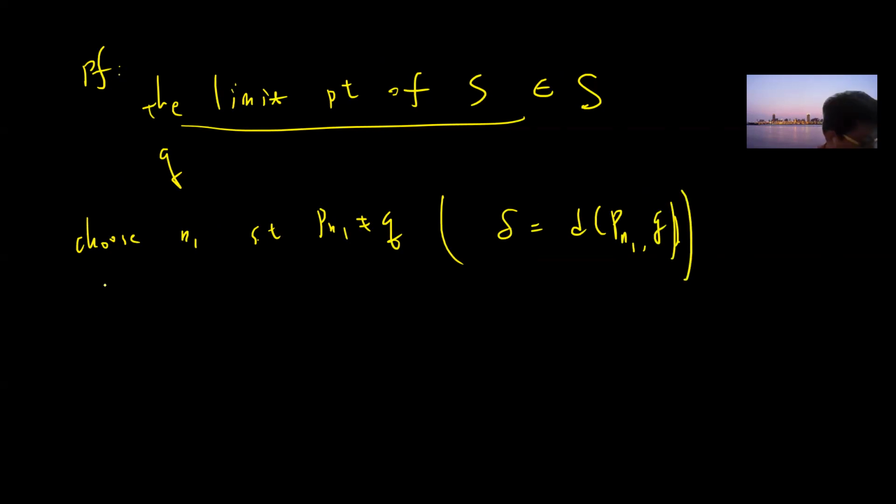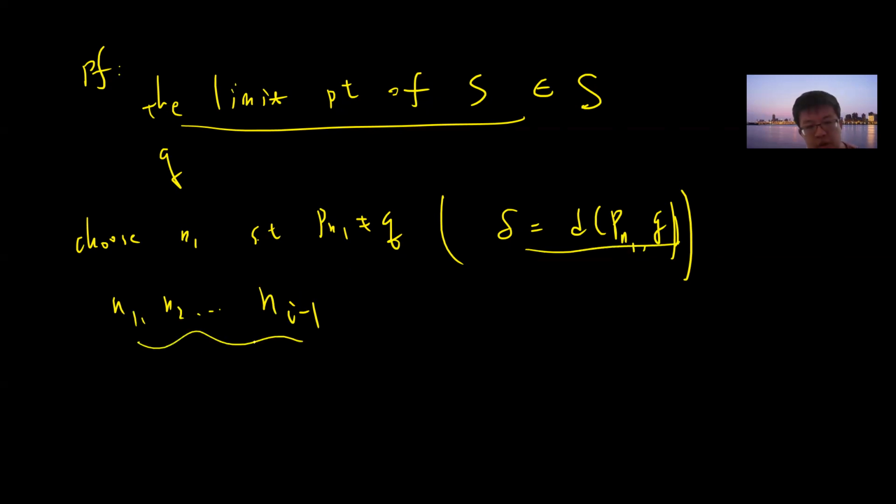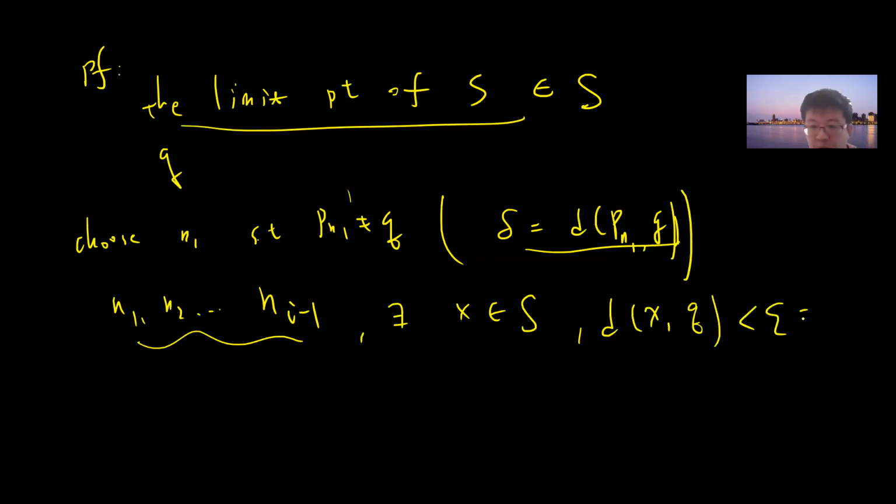Let me just keep going so I can choose N2. Let's choose N1, N2, up to N_{i-1}, so I pick many terms such that they are not the same as Q. By definition, Q is a limit point of S, so there exists x belonging to S such that it is arbitrarily close to Q. So d(x, Q) can be arbitrarily small, so let's choose it to be delta divided by 2 to the i.